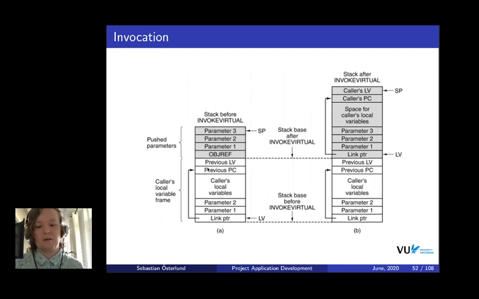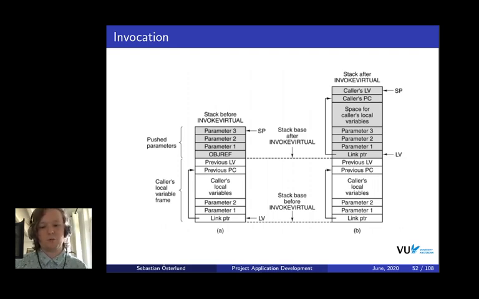Basically you have a local frame that you are in at the moment, and when you want to invoke a new method, you need to push some things to the stack. For example, you push the parameters, but before that you need to push a so-called object reference. In the IJVM, this is not used for anything. It's purely a Java-specific thing.